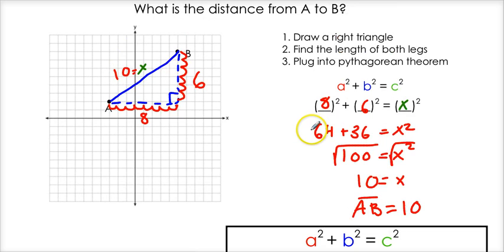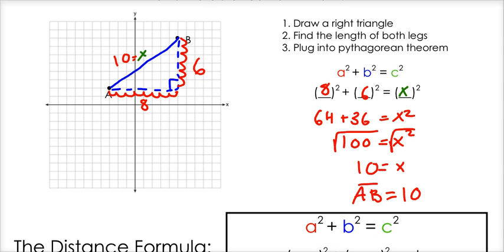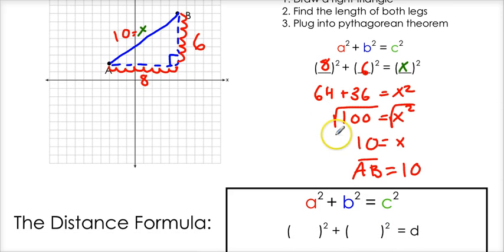So basically we just use the Pythagorean theorem, but you know what, there's a shortcut for this. There's actually a formula, the distance formula, that is derived from the Pythagorean theorem. So a squared plus b squared equals c squared. Well, what we did here, to find the length of one leg, we could just subtract x1 minus x2.